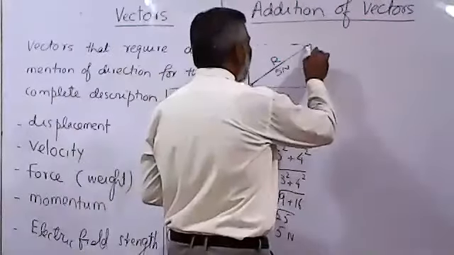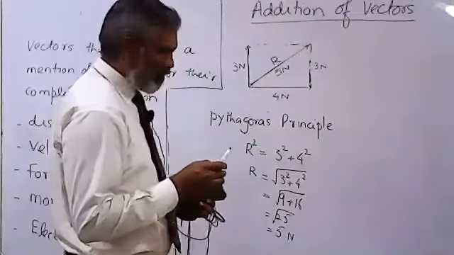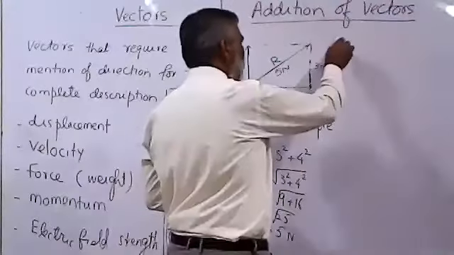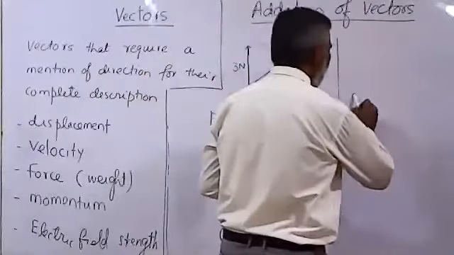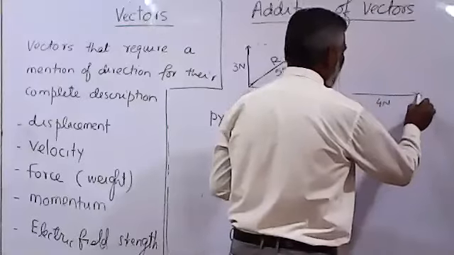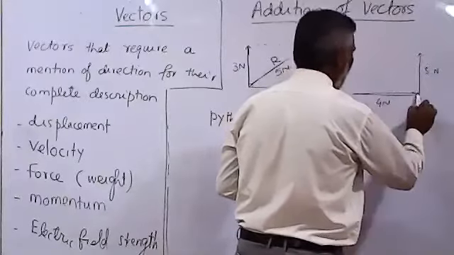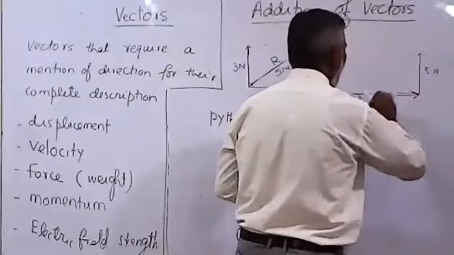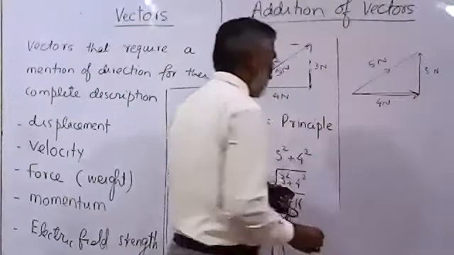I have guessed its direction from the rule known as head to tail rule. And you are familiar with this. If this is one vector, which is 4 Newton, and this is another vector, which is 3 Newton, these two are obeying head to tail rule, and therefore this must be the resultant, which is 5 Newton.